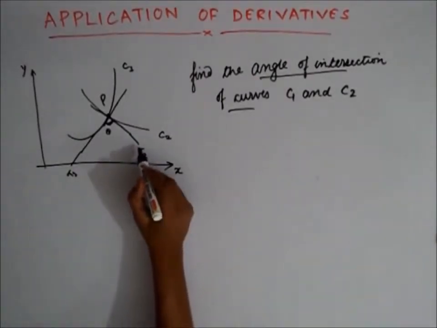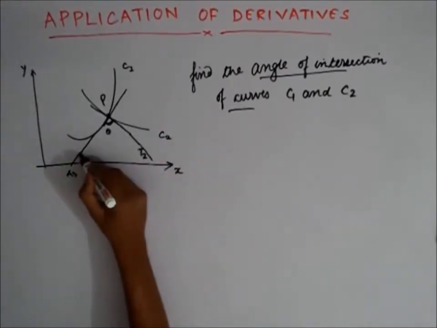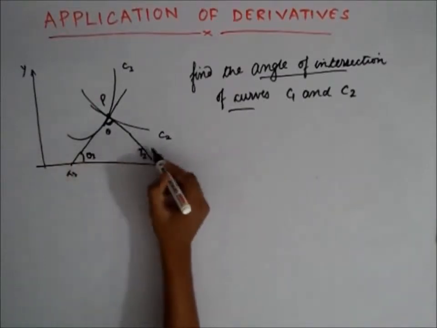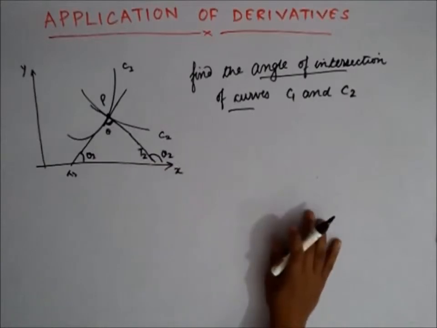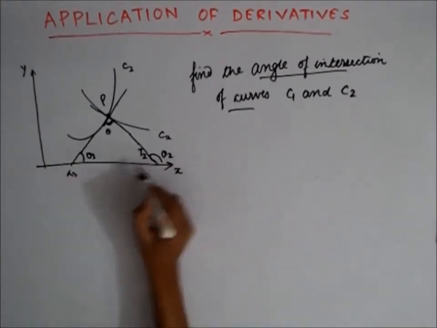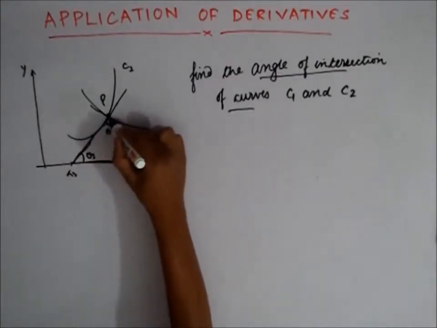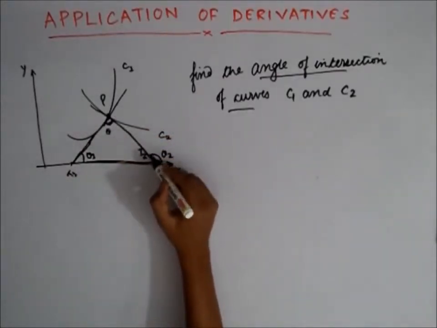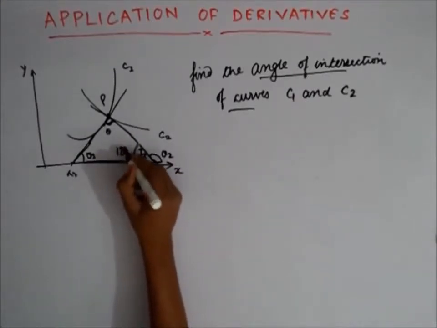Now let's proceed. Let's say the angle of the tangent T1 is theta 1 and the angle of the tangent T2 is theta 2. So you see that this is a triangle whose this angle is given by 180 minus theta 2.